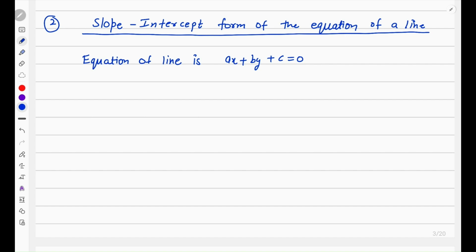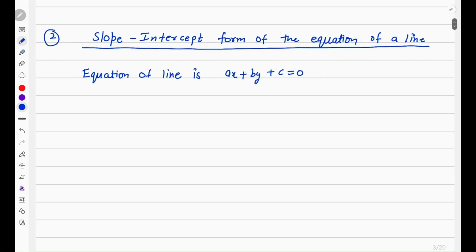So we can represent it in terms of y equal to minus a over b x plus minus c over b. So we can say it is mx plus c.